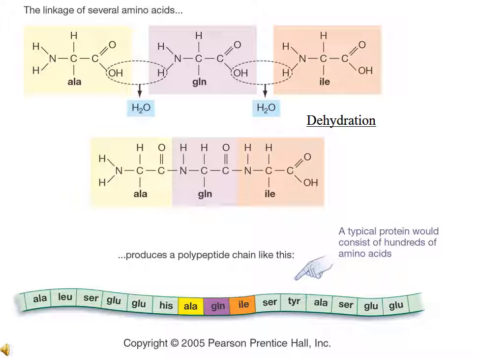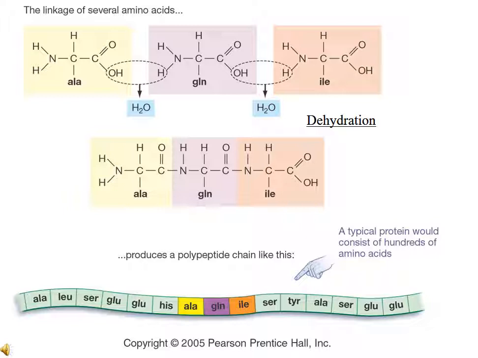Here we're looking at 3 amino acids that have bound together. On the left side, you see an amino group. On the right side, you see a carboxyl group. But if you continue to extend this, you form, as you see towards the bottom, a long chain of amino acids we call a polypeptide or a protein.